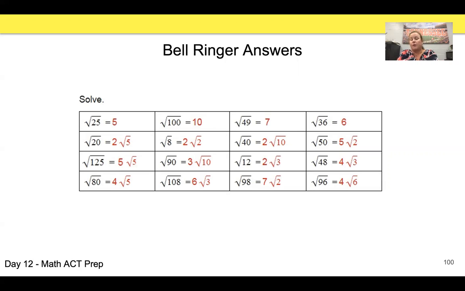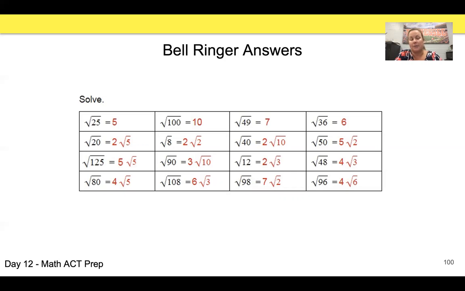When you get to 40, you've got 4 times 10. 4 is a perfect square. Square root of 50, 25 times 2. 25 is a perfect square. 125, 25 times 5. 25 is a perfect square. 90, 9 times 10. 12, you've got 4 times 3.